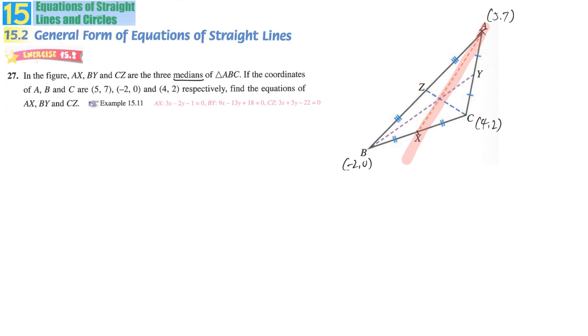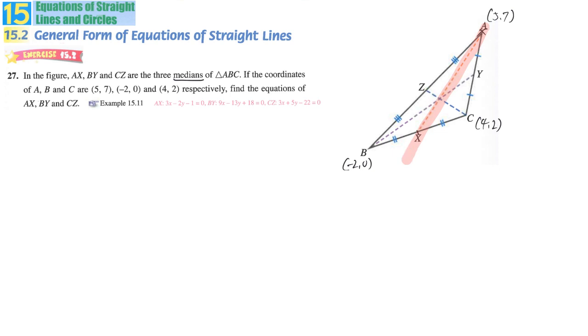To know more about this line, we have one point which is on this line, which is very useful information. And also the midpoint of BC, so we get another point with two coordinates, which is enough for us to build up the general equation for the straight line AX.